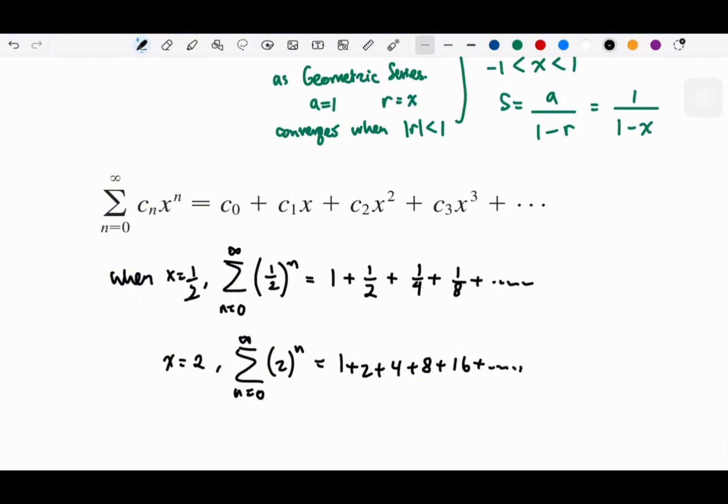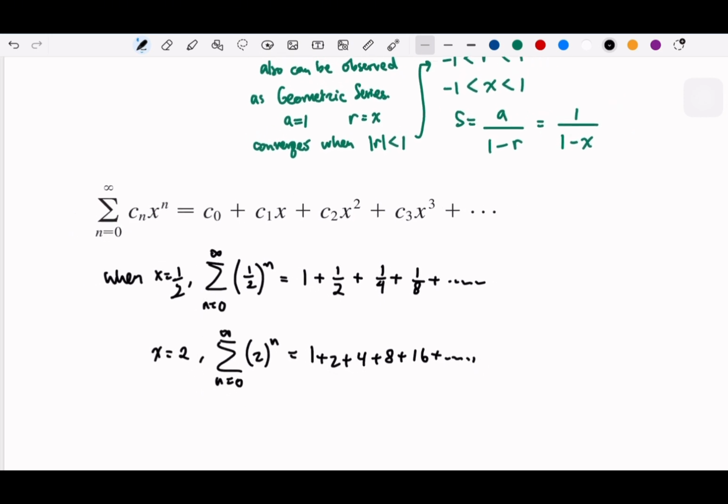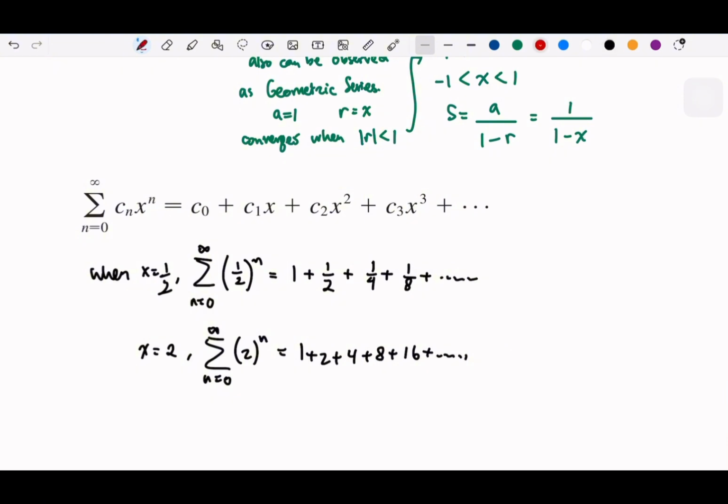So the power series needs to start with n equals 0 to make sure that all the coefficients start with 1, so that we can make it parallel with the geometric series. So this converges, and then this is divergent.